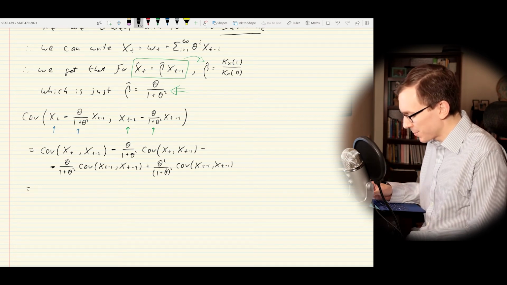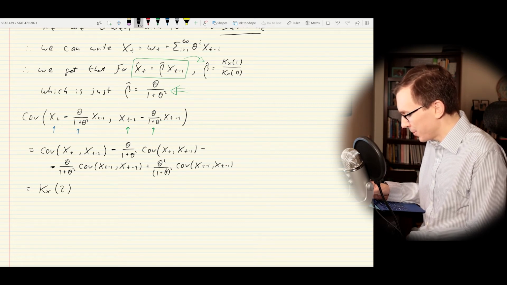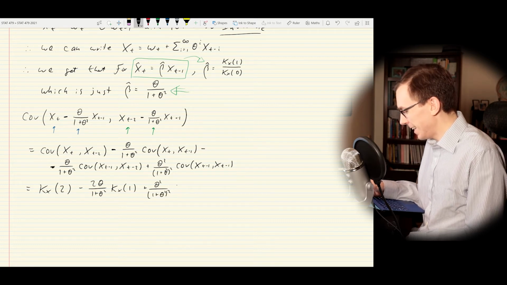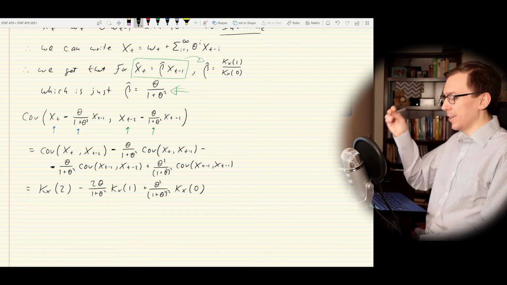Well, we can replace these with a bunch of k's because it's stationary. So we get a k at lag 2. We get a 2 theta over 1 plus theta squared at lag 1. And we get a theta squared over 1 plus theta squared, all squared, and a k autocovariance at lag 0.